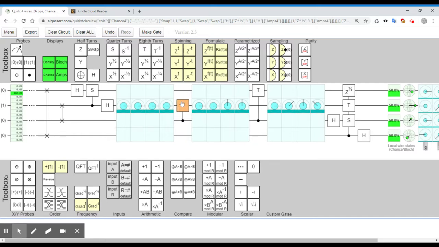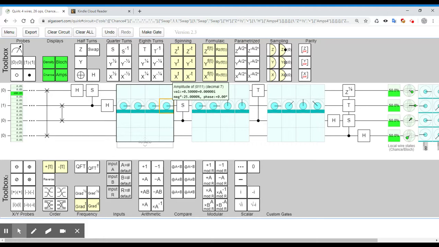So this one and this one, the two lower ones. So this is affecting the one. This is affecting the two lower.